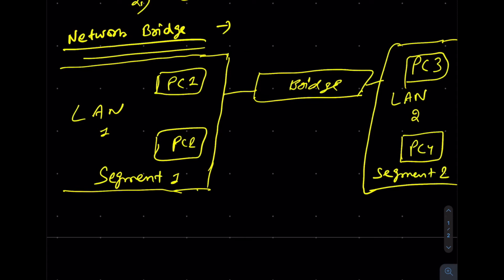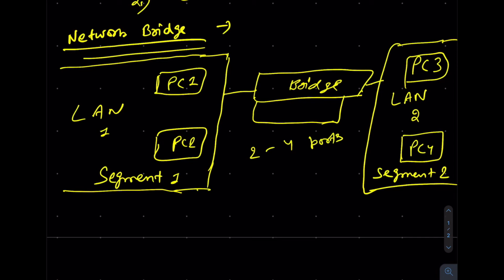Okay, so this is where the bridge comes in. These are generally called segments in terms of a bridge. So segment 1 and segment 2. Whenever PC1 or PC2 want to send a packet to the other segment, that's where the bridge makes the decision.